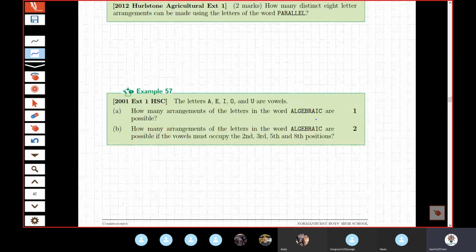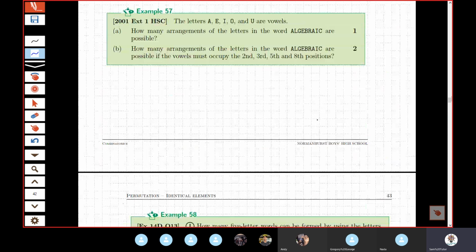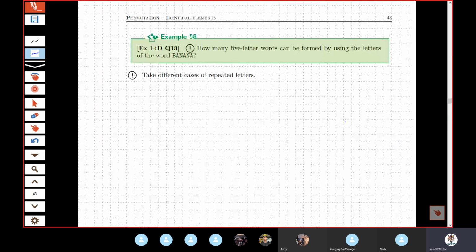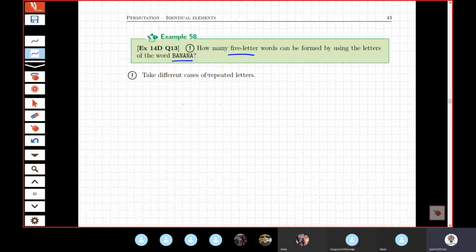So easy. We know what to do with repetitions of letters. We're going to divide it out. Okay, so let's do this one. How many 5-letter words can be formed by using the letters of the word banana? 1, 2, 3, 4, 5, 6.